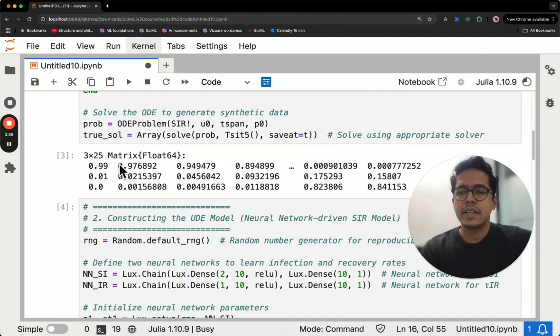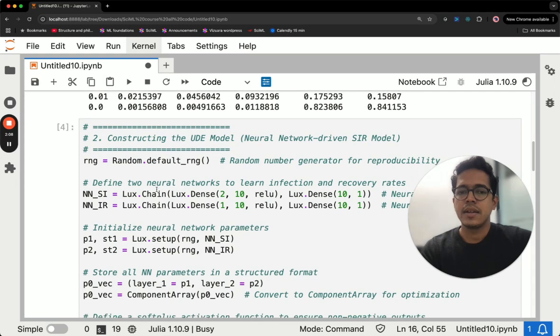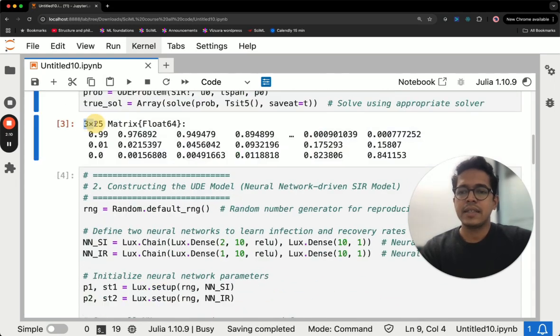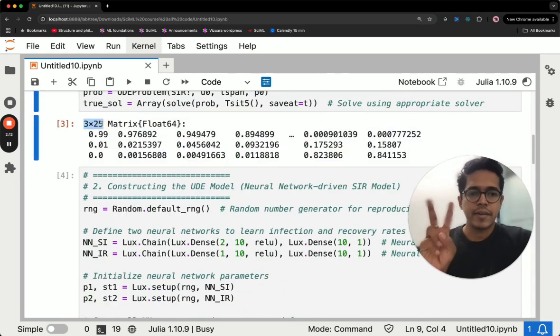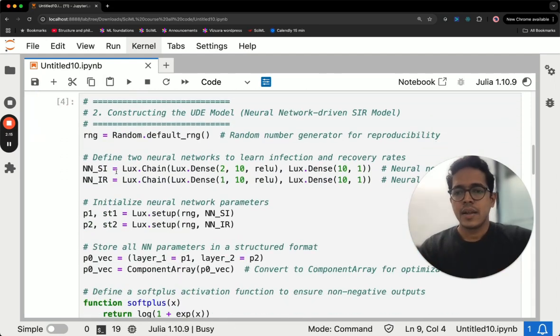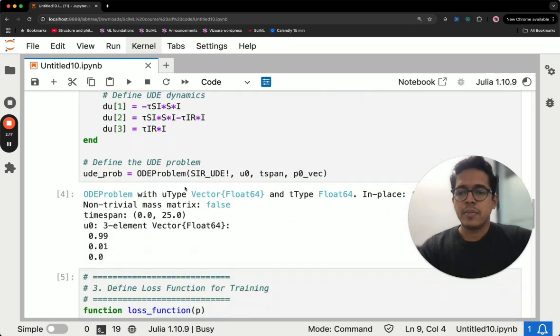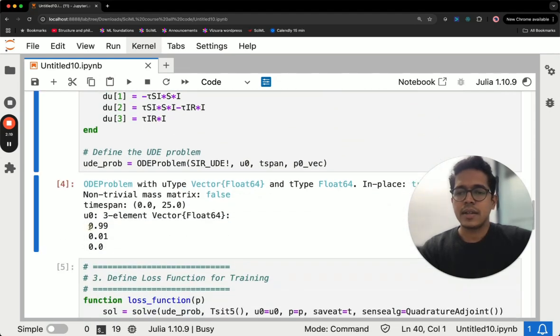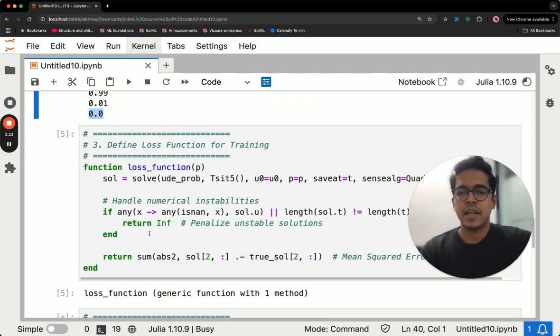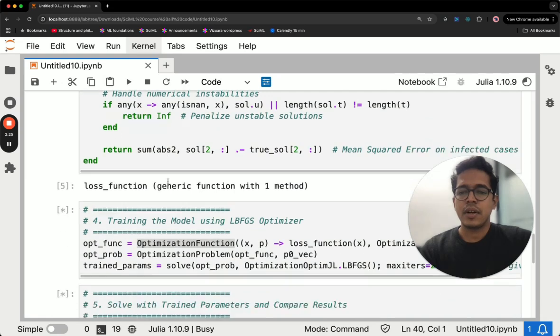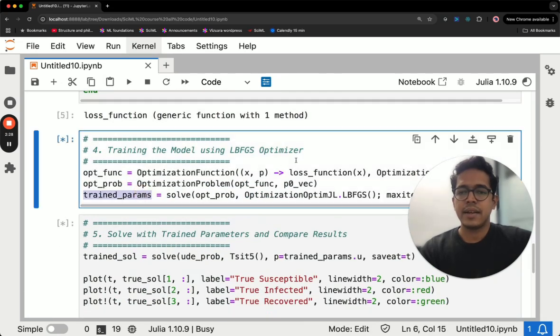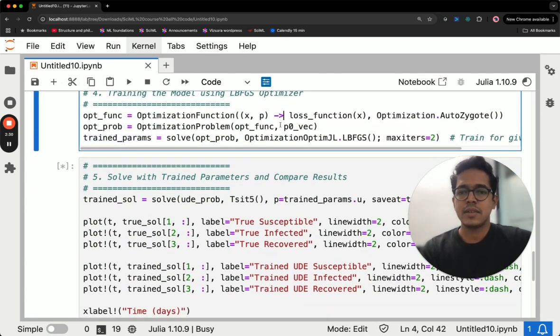So this is the matrix where the true solutions are. 3 by 25 means you have S, I, and R values for 25 days, from day 0 to the 25th day. Then constructing the UDE model. Here, this is the initial number of susceptible population, infected and recovered initial values. Loss function will not return anything. And here, the training, this is the optimizer.